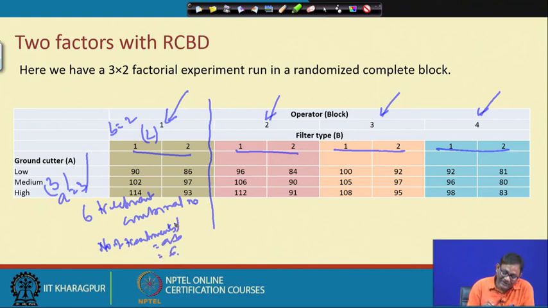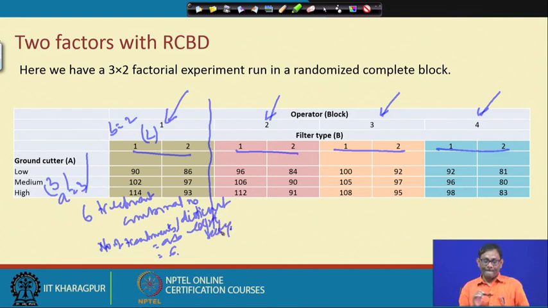We also sometimes say these are the independent distinct experimental settings. So, block operator 2, operator 3, operator 4.